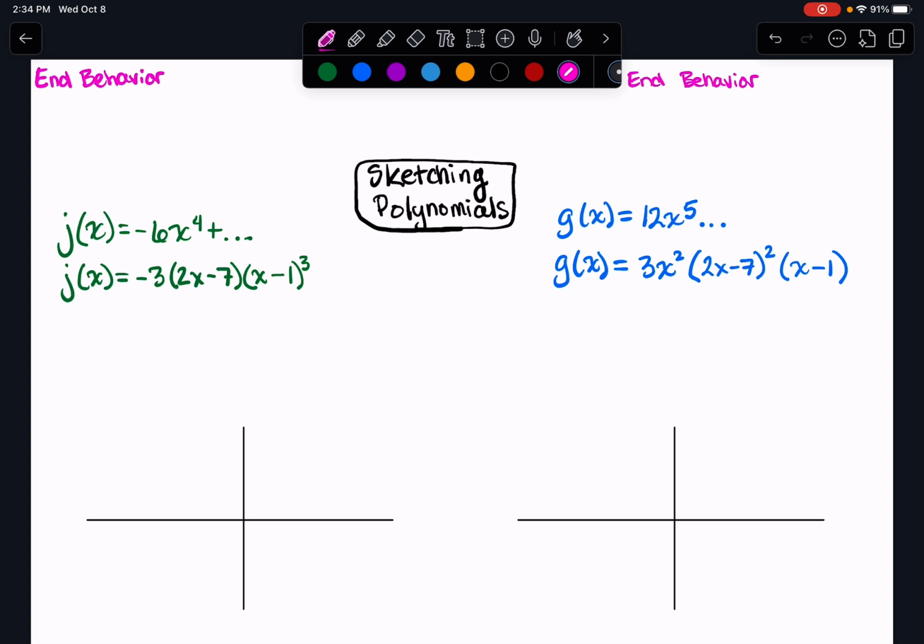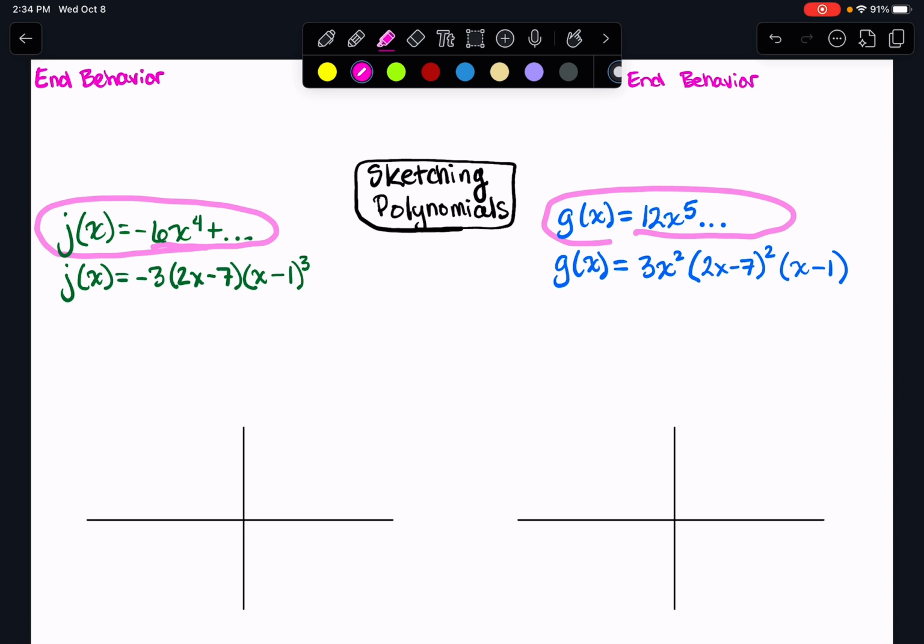To determine the end behavior of a polynomial, we need to look at the standard form. So I'm going to look at my standard form for both of these examples. And the end behavior is dictated by two things. It's dictated by the leading coefficient.